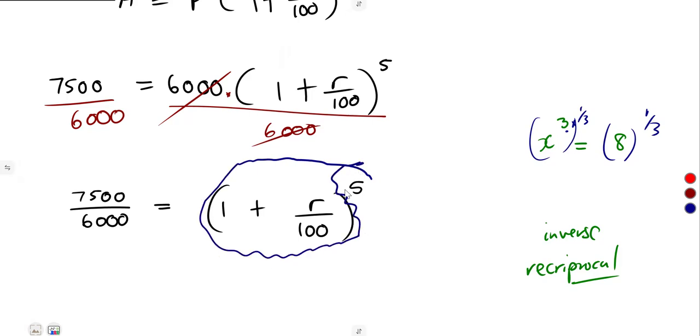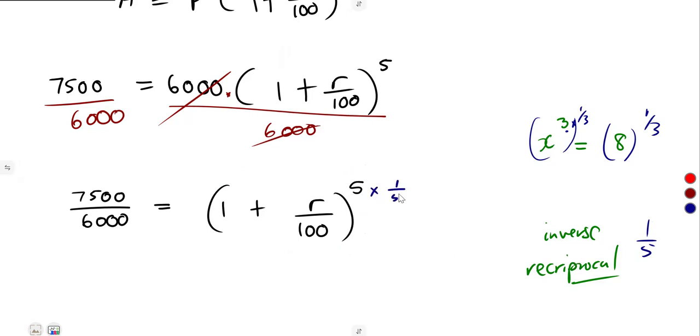So affected by that exponent of 5, we can find its reciprocal, which is 1 over 5. You raise it to the exponent of 1 over 5. So what is going to happen? 5 times 1 over 5 gives us a 1.